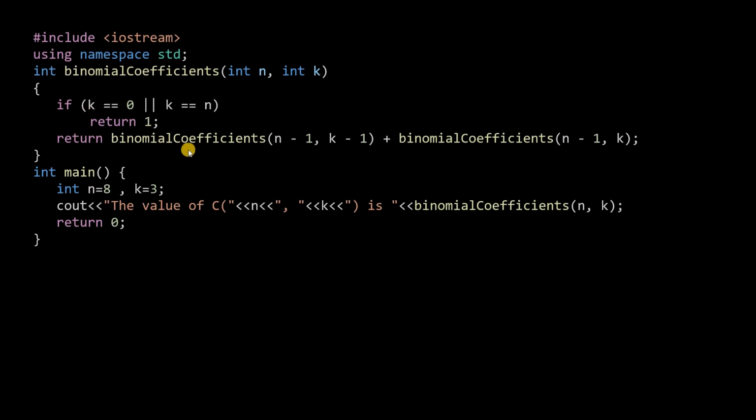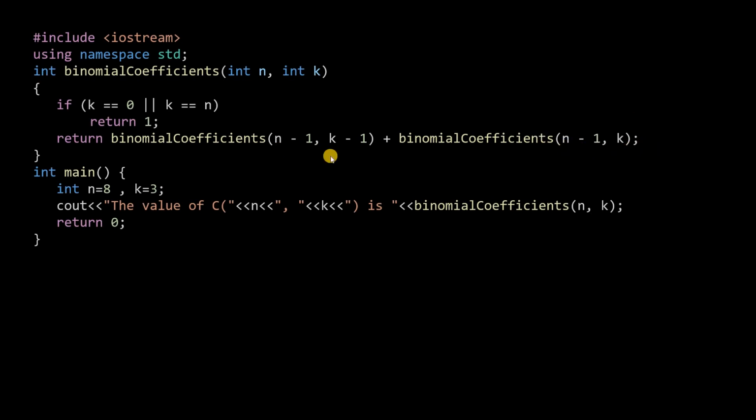So these are the base conditions. The problem here is how you will know how to write these recursive functions. So we'll dry run this and understand how it works. First, what we have done: we decreased n by 1 and k by 1 for the first call, and we add it to the next recursive function, where we decrease n by 1 and the k value stays the same.